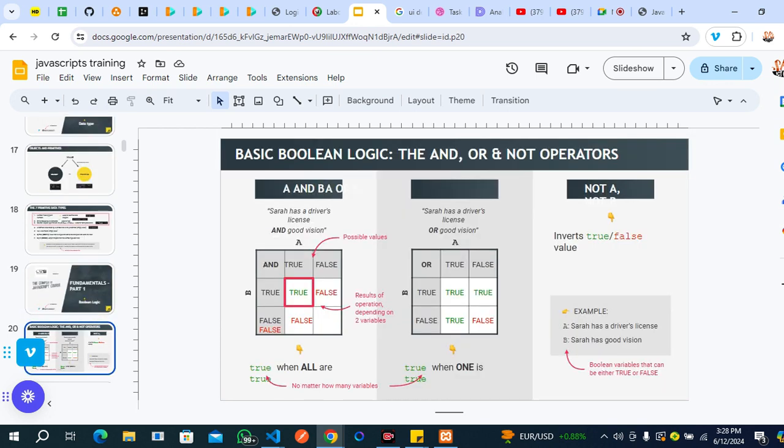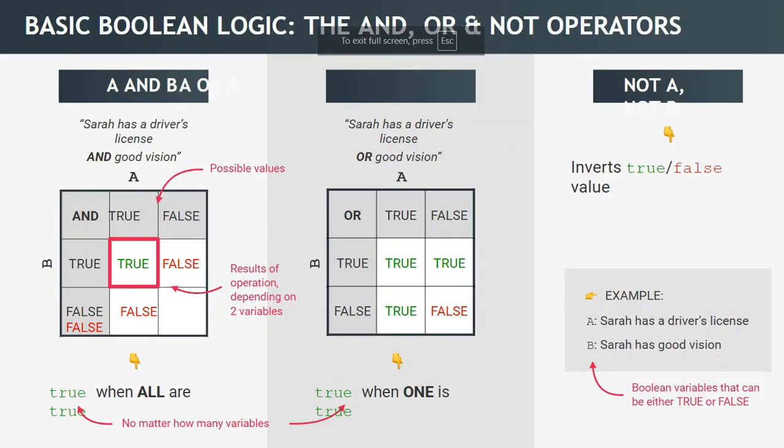Now, when you closely look at this, we have A and B, right? Now, in this A and B, let's say Sarah has a driving license and good vision.